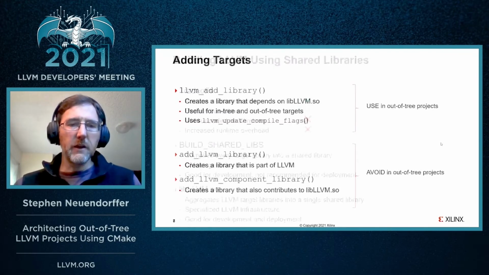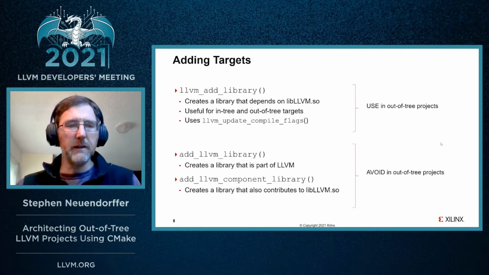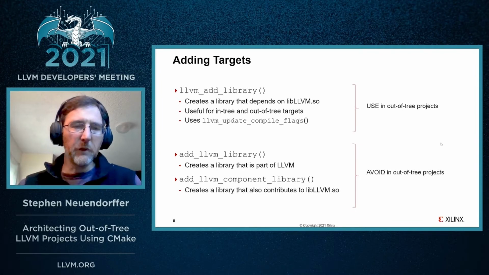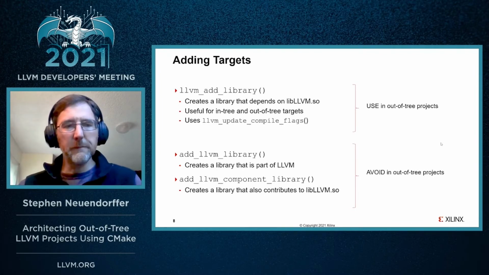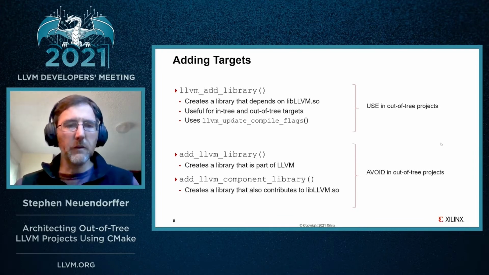So when you do go to add your targets, especially in an out-of-tree project, you should be aware that there are a couple of different CMake functions that you can call that are in the LLVM project. The most basic one is called llvm_add_library, and this creates a library that can depend on LLVM.so. This is useful for both in-tree targets and out-of-tree targets.